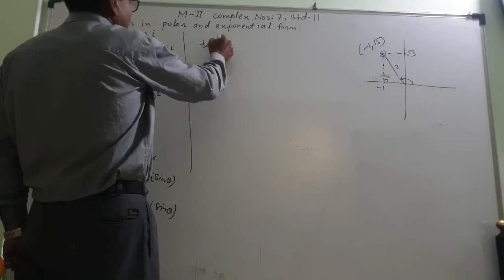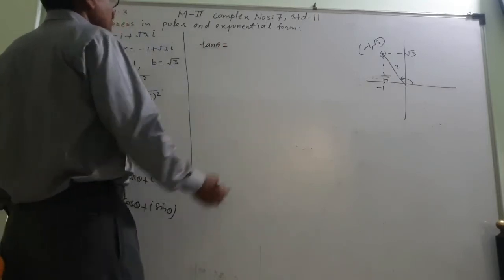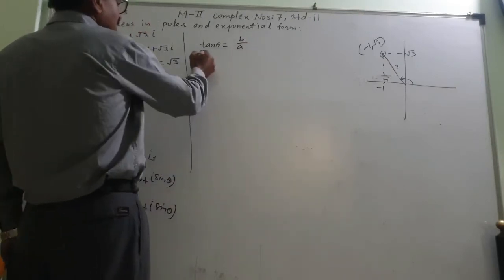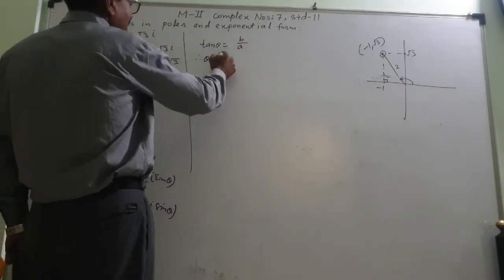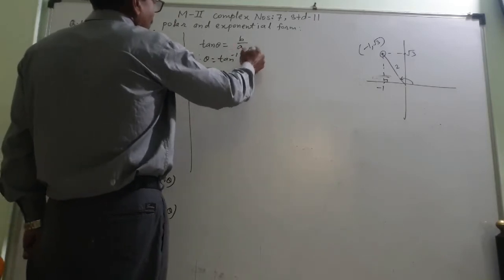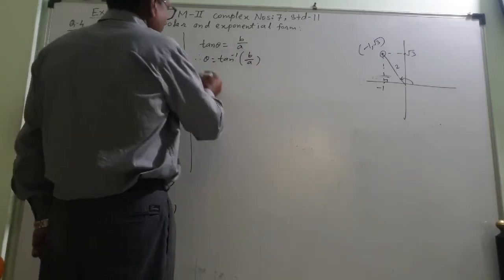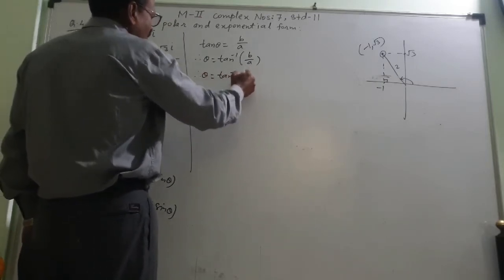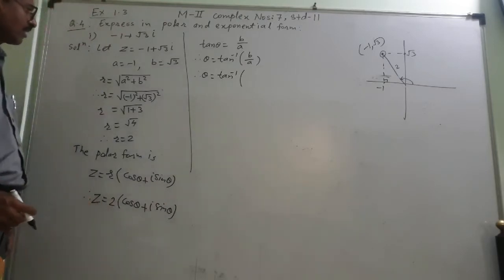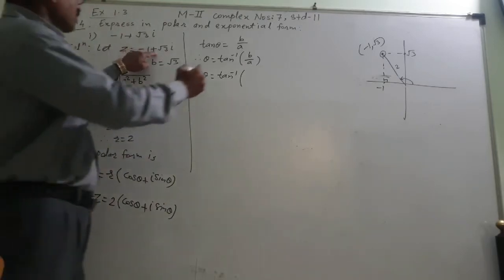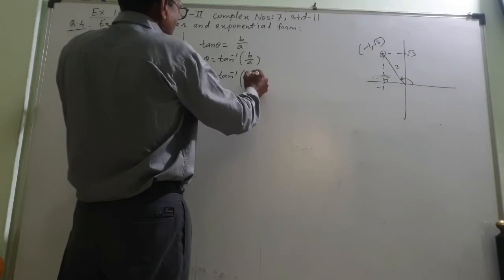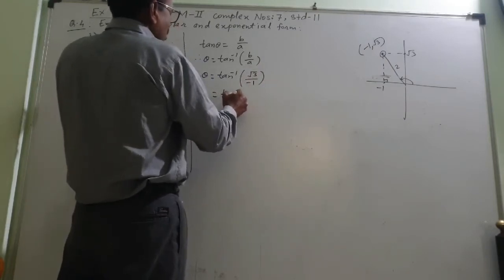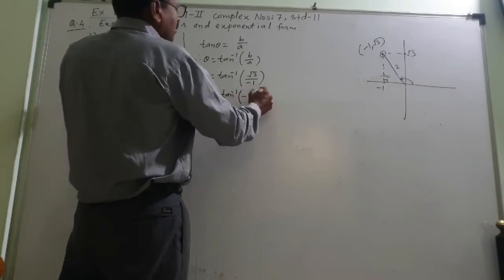Tan theta is equal to opposite is B, B upon A. Therefore, theta is equal to tan inverse of B upon A. Therefore, theta is equal to tan inverse. What is the value of B? B is root 3. Root 3 upon minus 1. So that is equal to tan inverse of minus root 3.